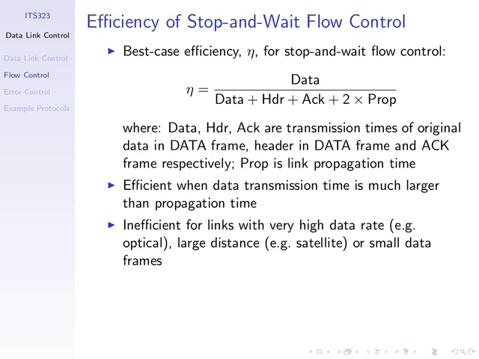And the unit of eta is no unit, because efficiency has no units. It's a ratio between two values of the same units. In this case, these are all representing time. Time divided by time gives us no units.